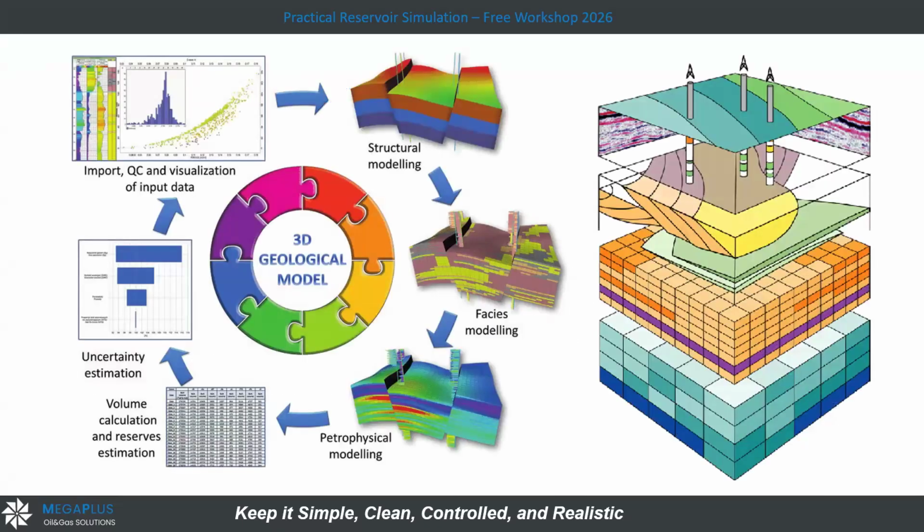So briefly, yesterday we talked about structure modeling and facies modeling, and then petrophysical modeling, and how we make multiple realizations so we can calculate the volumes and make uncertainty to create P10, P50, P90, and visualize the end product.